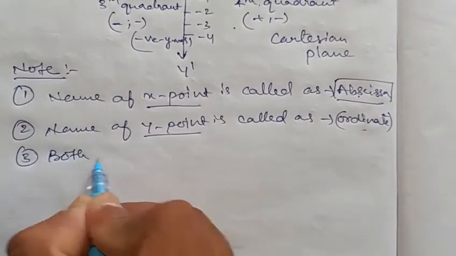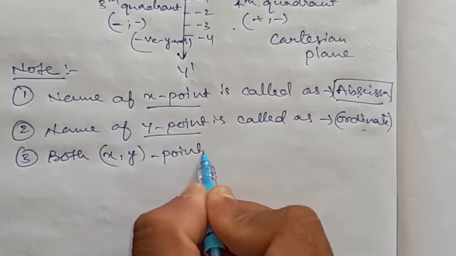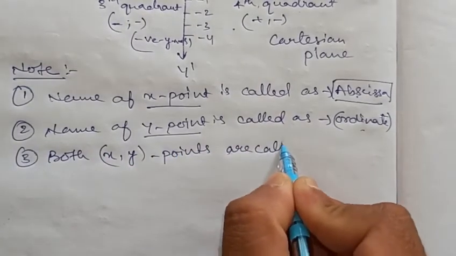Both x and y points together are called coordinates.